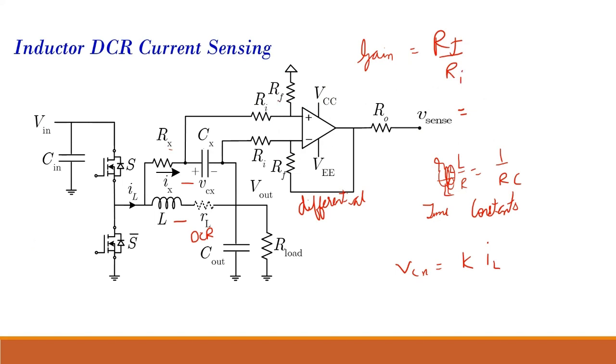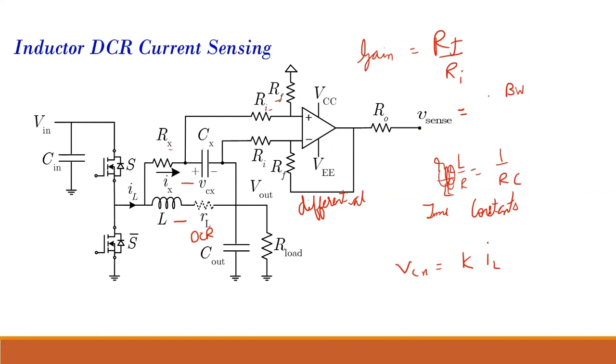It is set by these resistors, and that sets the gain. Then we require a certain bandwidth of the current sensing, so our op amp must be capable of supplying that range of bandwidth.